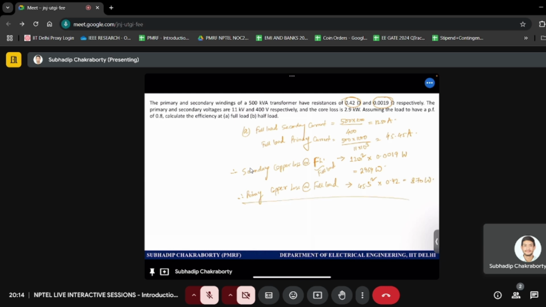So total I square R loss at full load is around 0.87 plus 2.9 kilowatts, which is around 3.84 kilowatts.